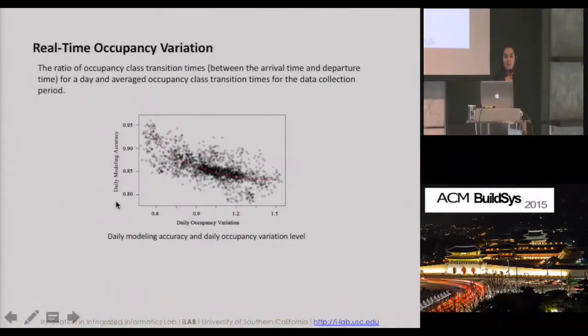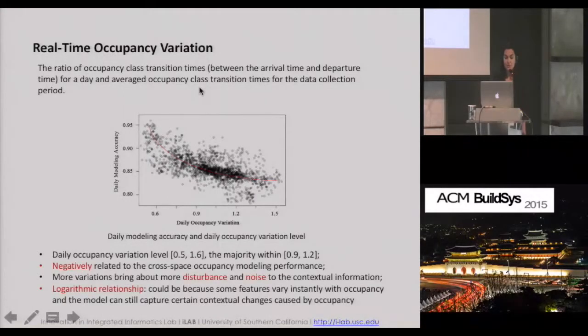So this is the real-time occupancy variation, and the definition of that is the ratio of occupancy class transition times for a day and average occupancy class transition times for the data collection period. Occupancy variation level varied between 0.5 and 1.6, but the majority was between 0.9 and 1.2.